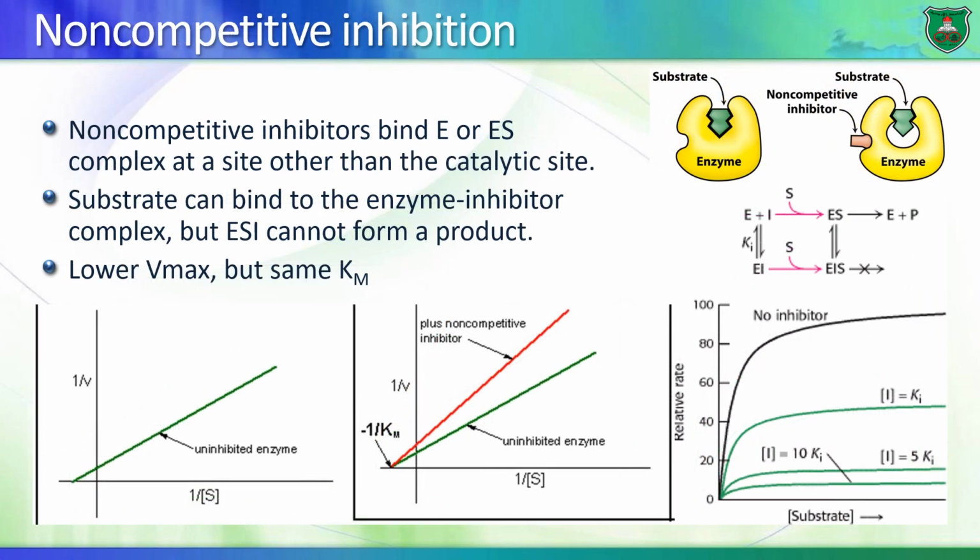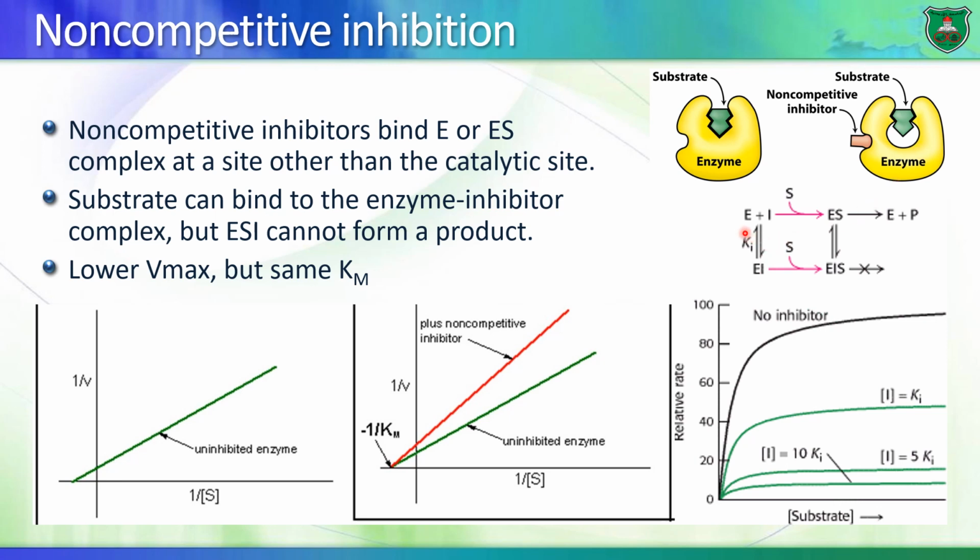How about non-competitive inhibitors? These do not really bind to the active site, rather they bind somewhere else. What they do is change the active site. They do not block substrate binding to the active site, but the active site is not functioning anymore. Do these inhibitors affect Vmax or Km?